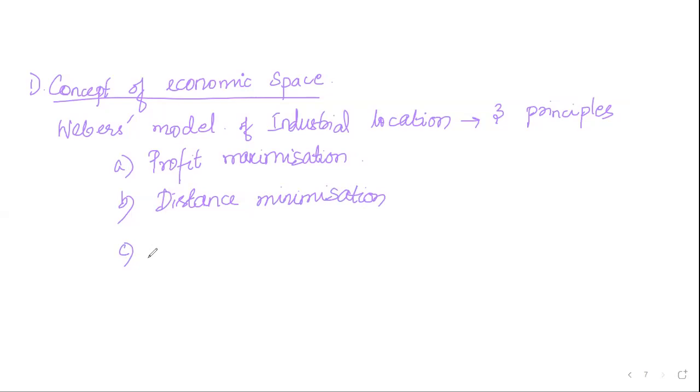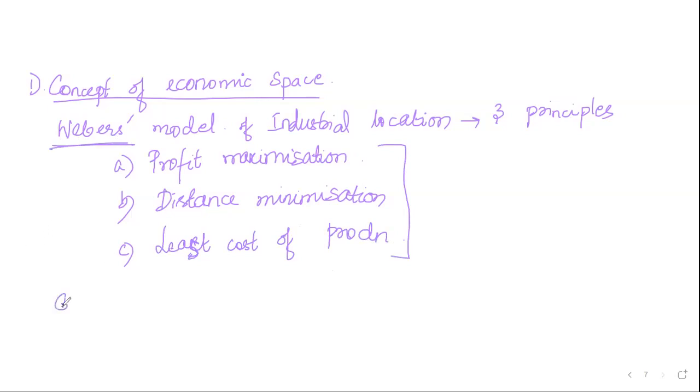No. I need to make sure that the distance that is being traveled on a daily basis is very less. Distance minimization. The third thing is, at the end of the day, the production cost should be least. So least cost of production. These 3 aspects are the basic core behind Weber's model.